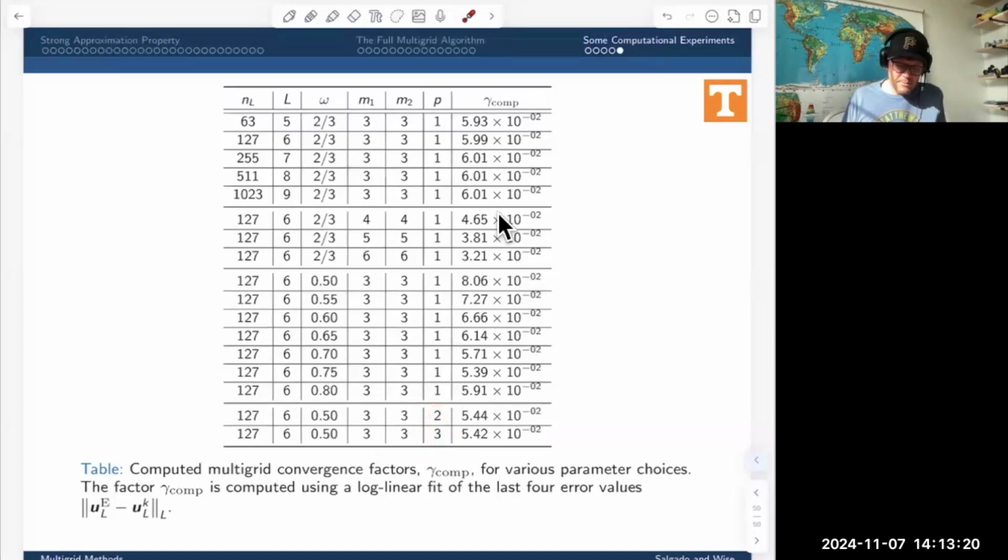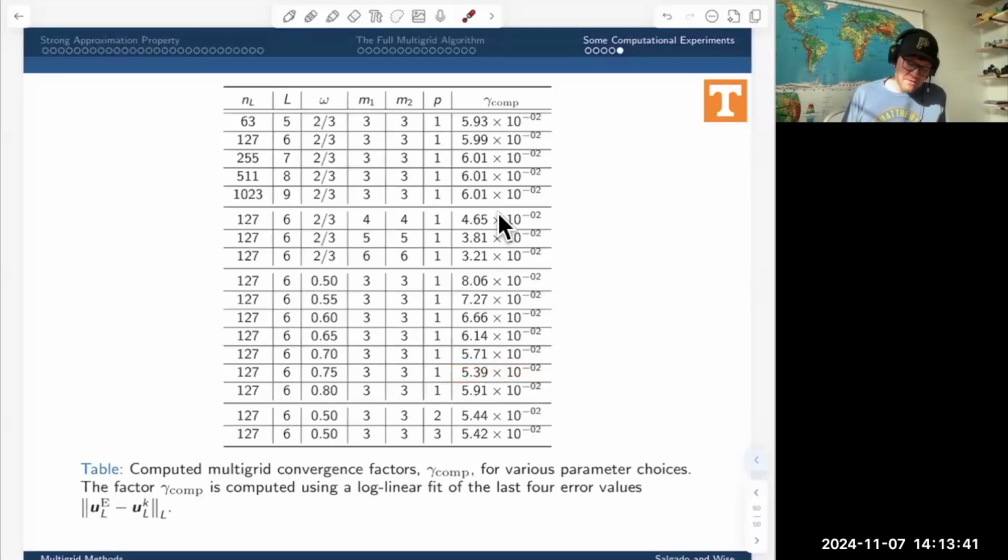So it looks like you get a better contraction factor when you use P equals 2. So this is the classic W cycle, and you can compare that one to this one. So you go from 8 times 10 to the minus 2 to 5 times 10 to the minus 2. But still, that's not even as good as this one.